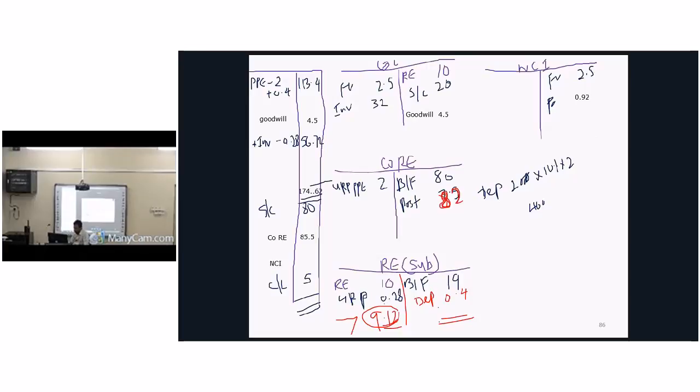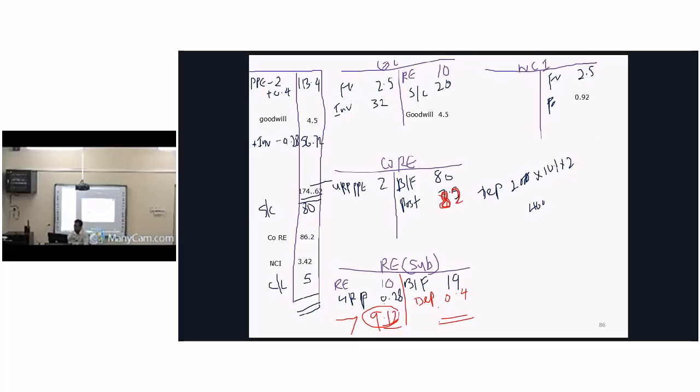This should be 2.5 plus 0.92, it is 3.42. Then this balance should be 80 plus 8.2 minus 2, 86.2.